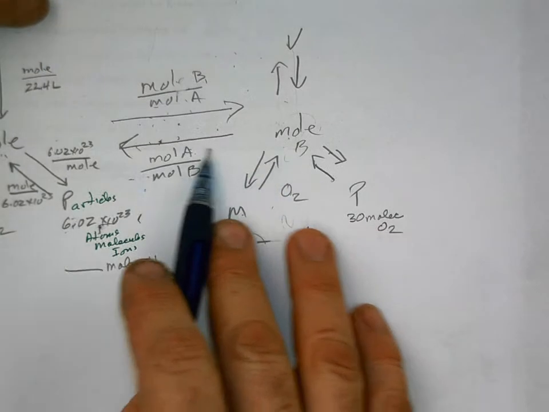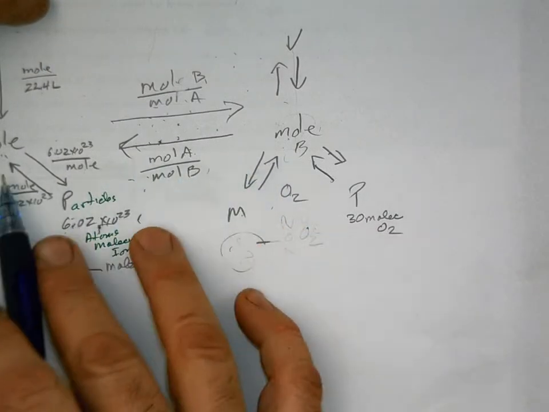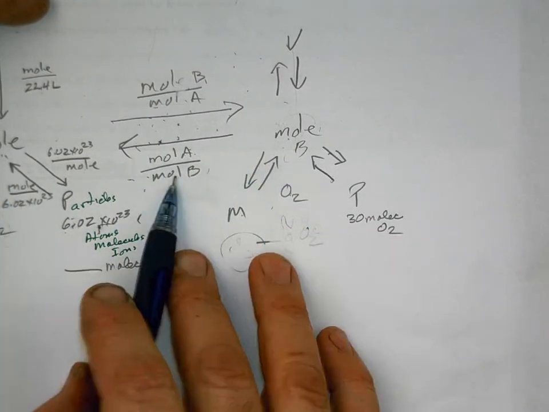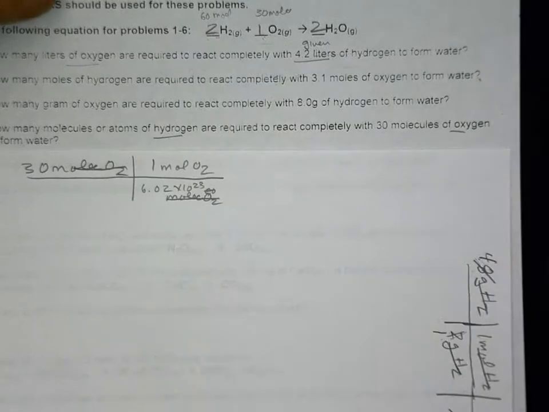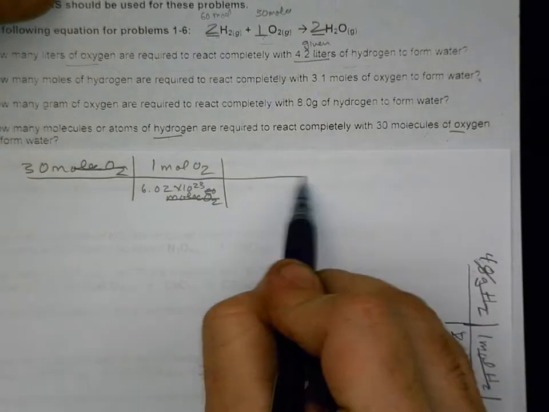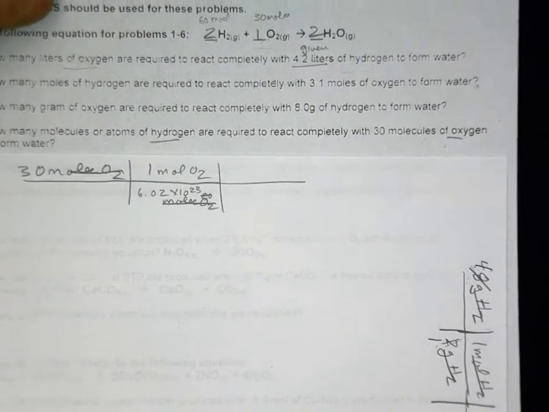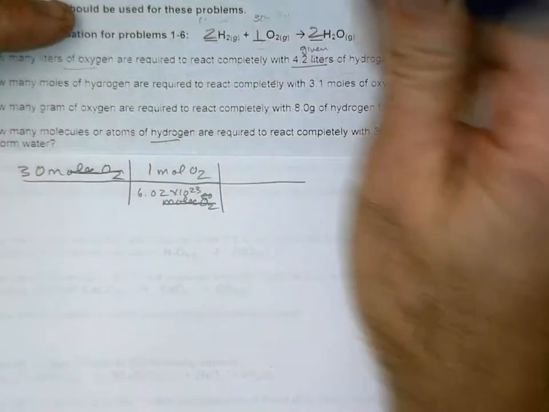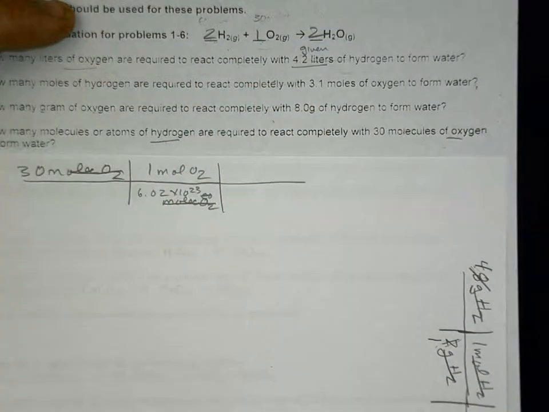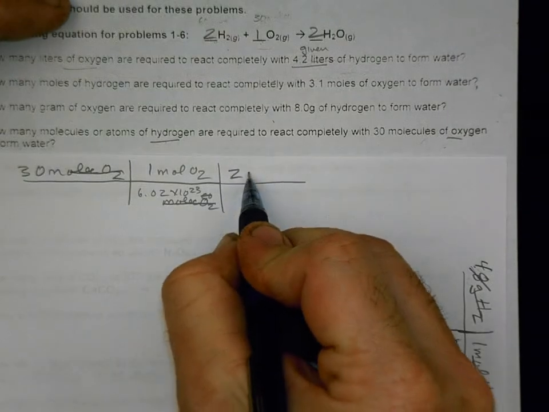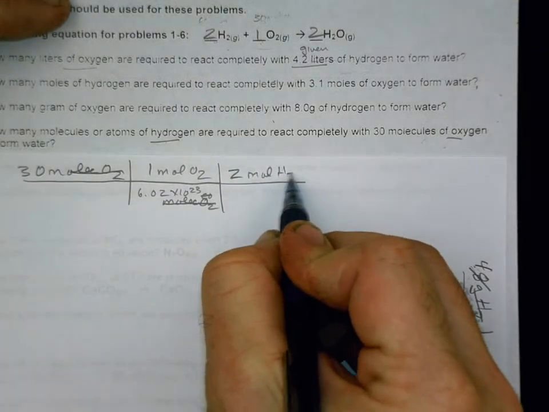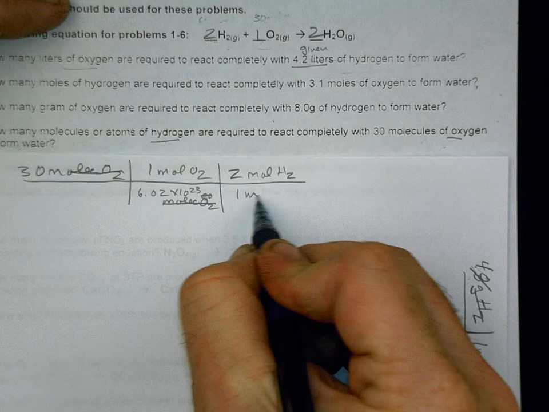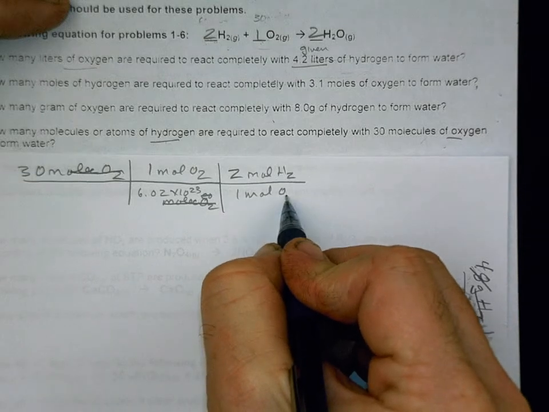So now we're going this way. We need moles of what we're going to, moles of hydrogen over moles of oxygen. In our balanced equation, how many moles of hydrogen do we have? Come on, everybody, help me out here. How many moles of hydrogen in that balanced equation? 2. 2 moles hydrogen in 1 mole of O2.